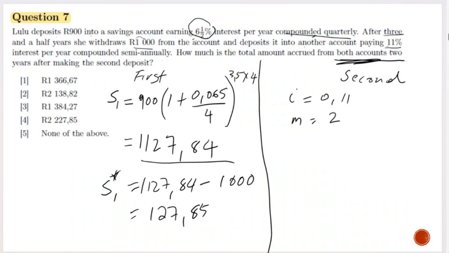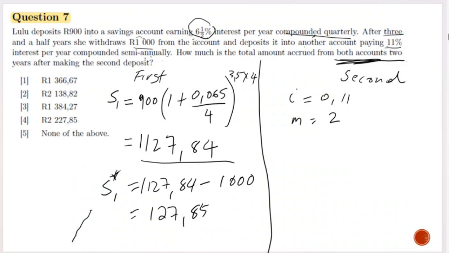That means it is compounding twice a year. She withdraws 1,000 from an account and deposits it into another account, paying 11% interest per year, compounded semi-annually.